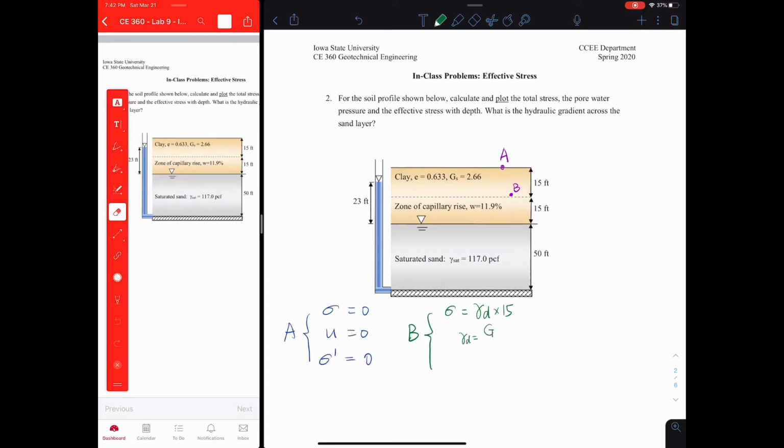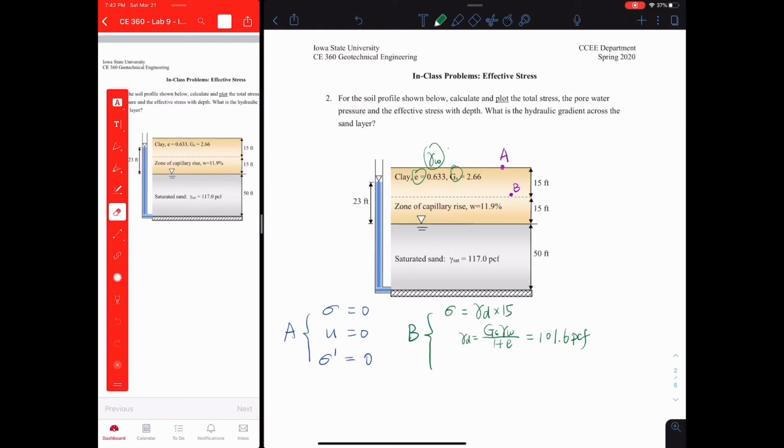Remember the equation that we have talked about before, how we calculate gamma D. We have e and Gs, and gamma W is a constant. Then we can calculate gamma D to be 101.6.